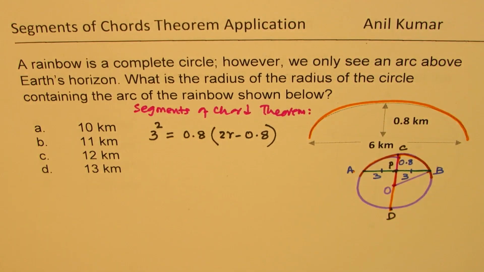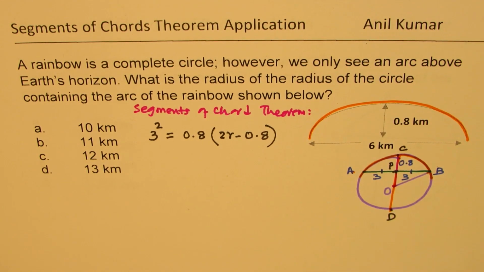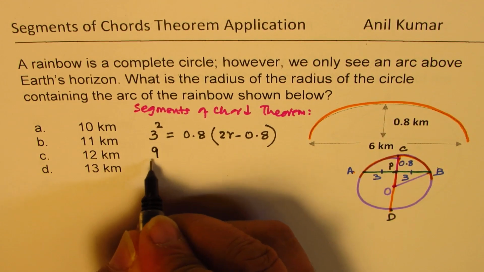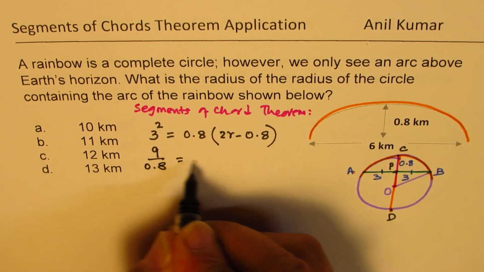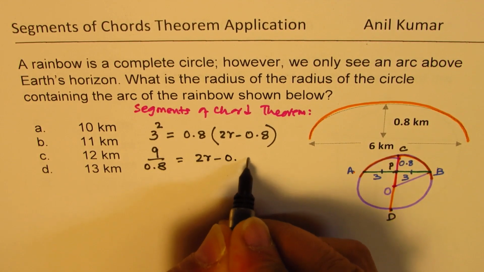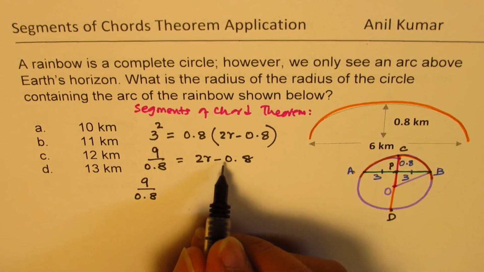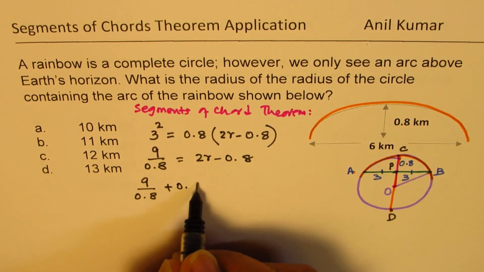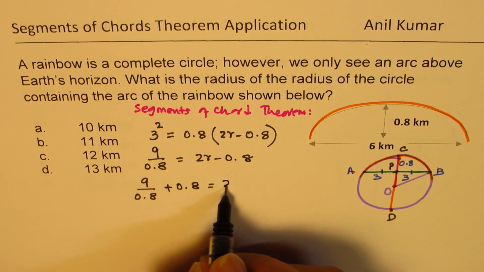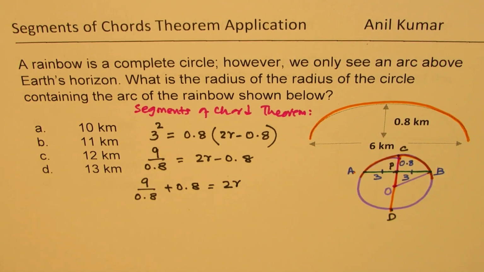Correct? So that is how we could actually find this. Now we can use a calculator to calculate. So we have 9 divided by 0.8 equals 2r minus 0.8. So 9 divided by 0.8 plus 0.8 is equal to the diameter, or twice the radius. So let's calculate this.